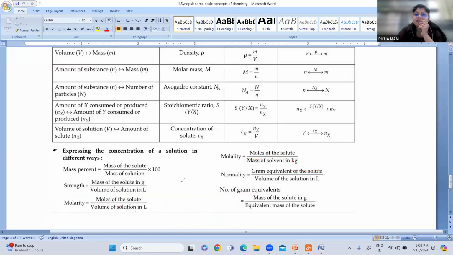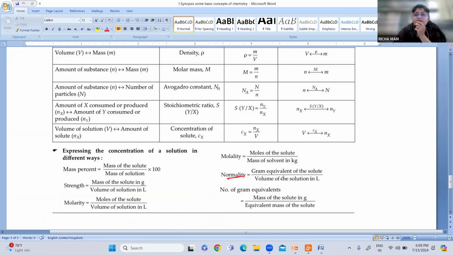Next is normality. How are we going to calculate normality, students? Normality is calculated by taking the gram equivalent of the solute divided by the volume of the solution in liters.